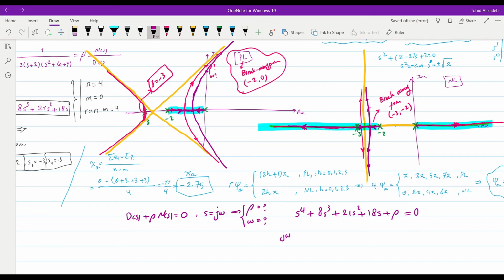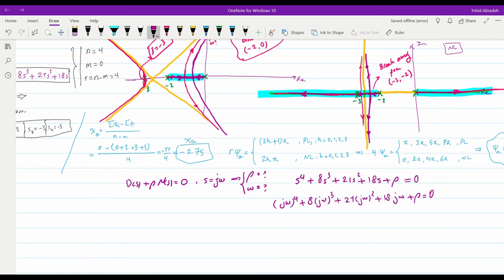So we'll have j omega to the power of 4 plus 8 times j omega to the power of 3 plus 21 j omega squared plus 18 j omega plus rho equal to 0. j omega squared will give us minus omega squared, so we'll have minus 21 omega squared plus 18j omega plus rho.